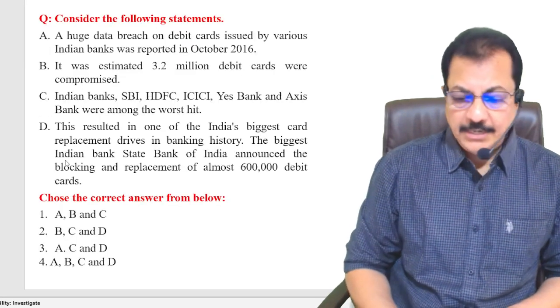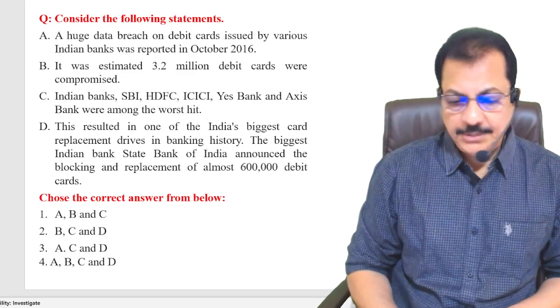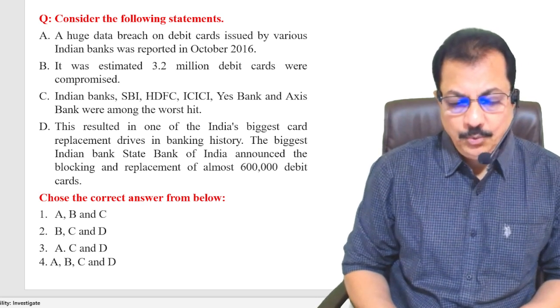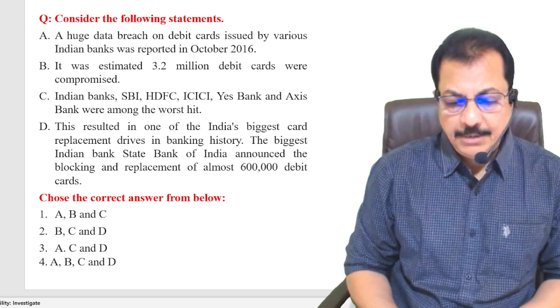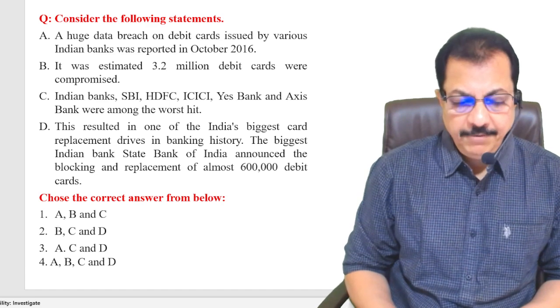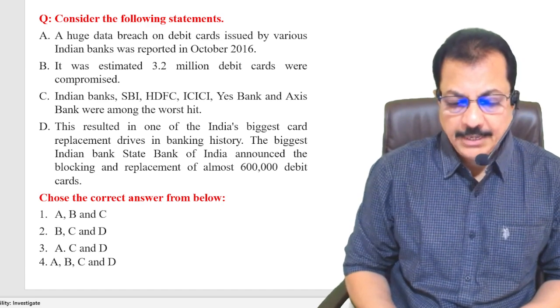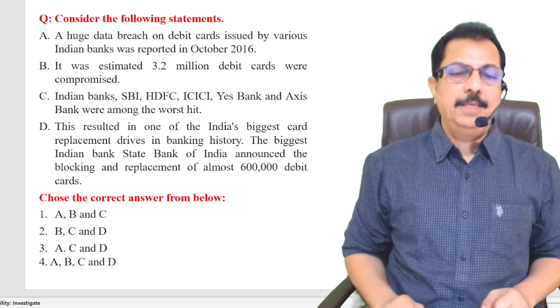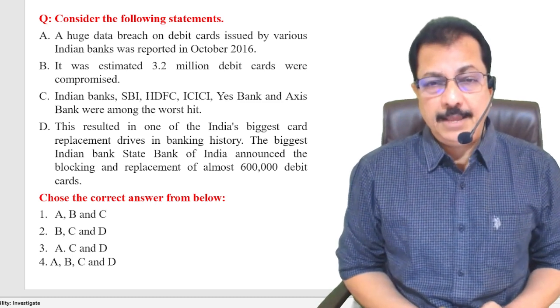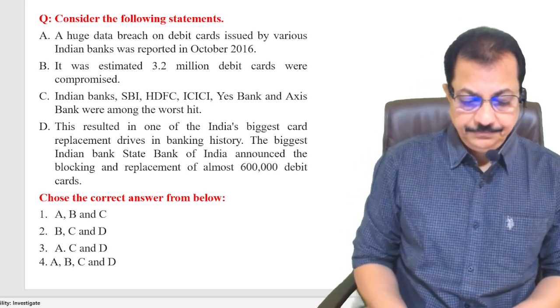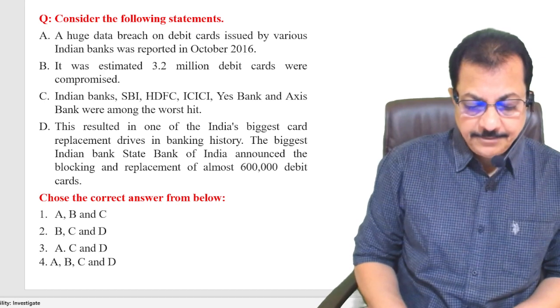Right. So consider the following statements. You have a question here. A huge data breach on debit cards issued by various Indian banks was reported in October 2016. That became a big issue at that time. This is a correct statement, so hence this is not my answer.